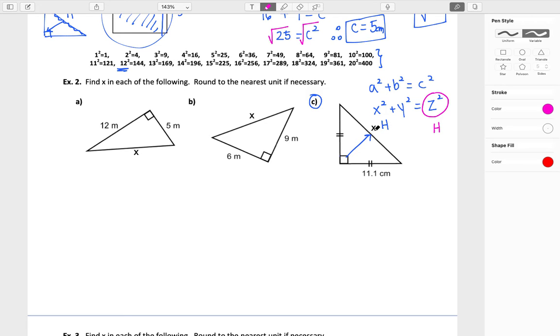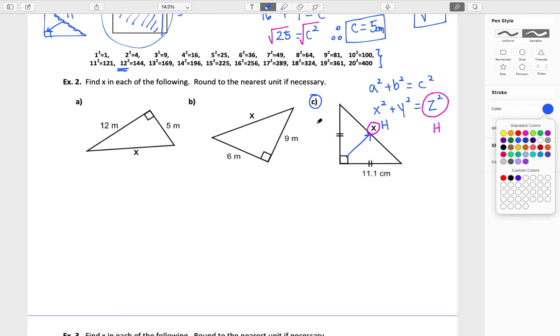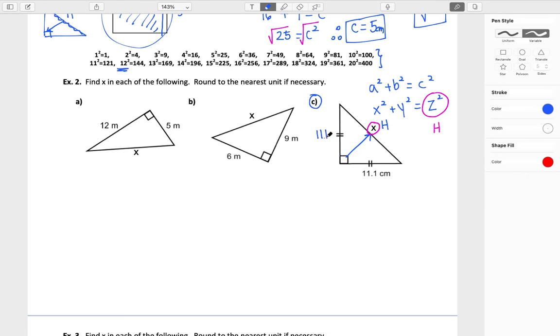So in this case, we're looking for X here. And we also know that it's an isosceles triangle because there's a 2 tick mark. That means this side must also be 11.1 centimeters. Because we're looking for a hypotenuse, this time I'm going to use different letters.